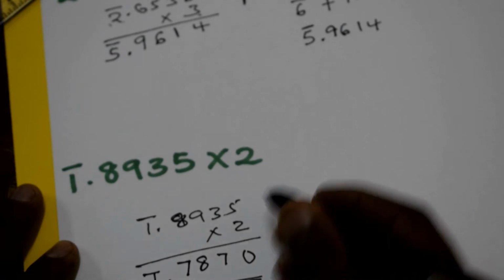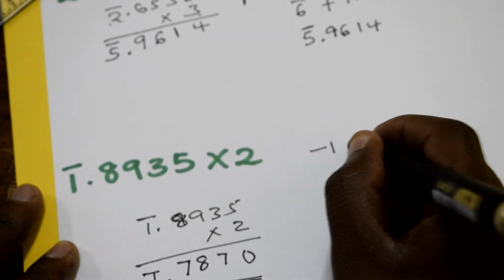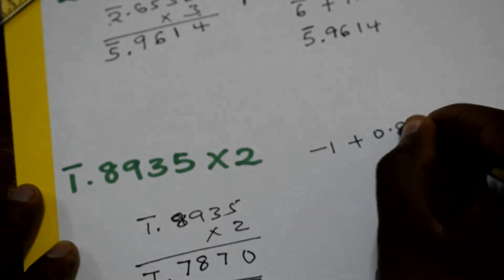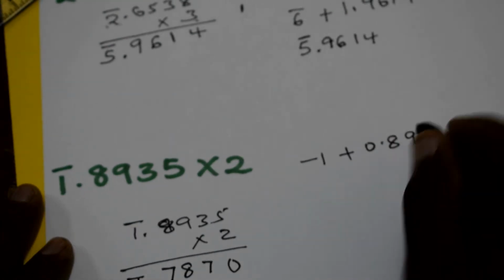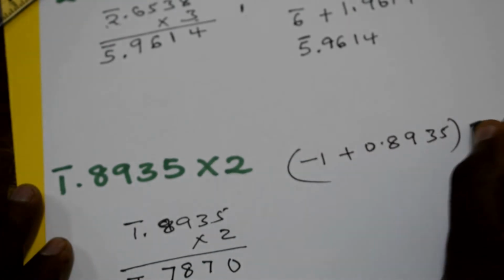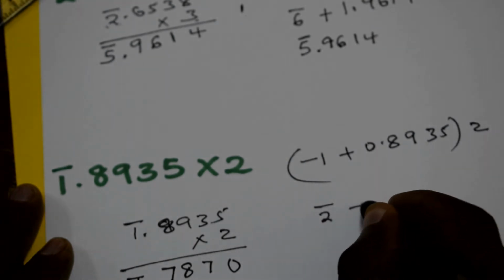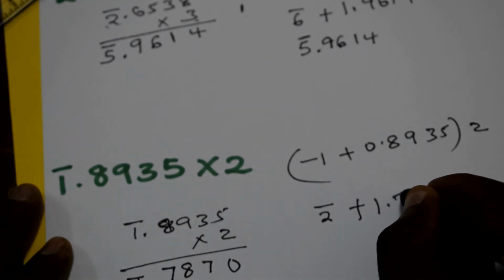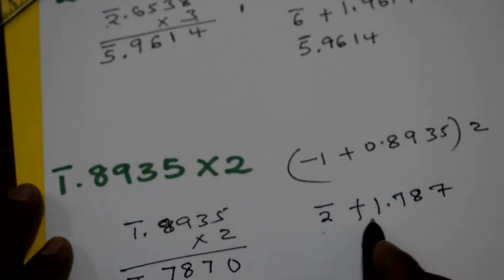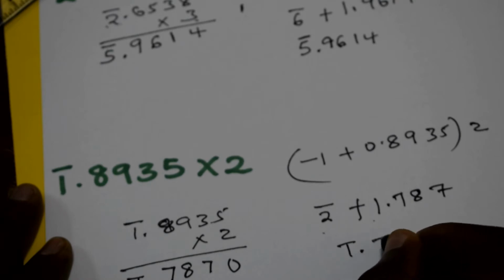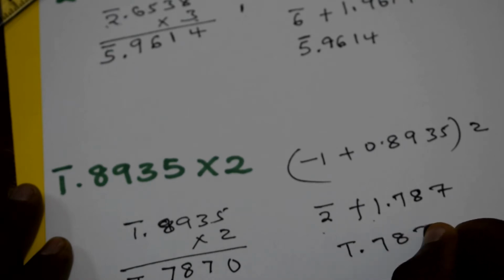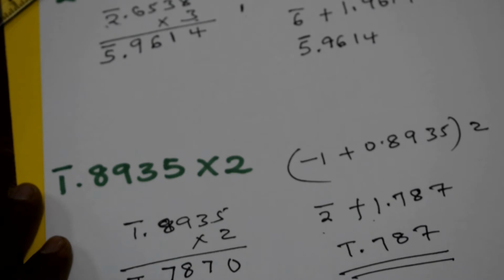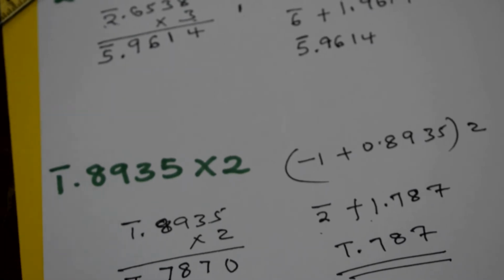So you can also try bar 1 plus 0.8935, then you multiply by 2, this will give us bar 2 plus this will give us 1.787. So when we add these two, you get bar 1.787. So either method can be used.